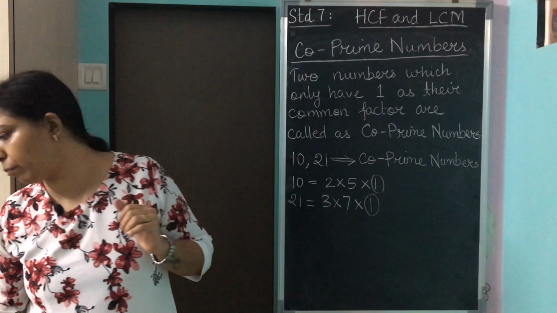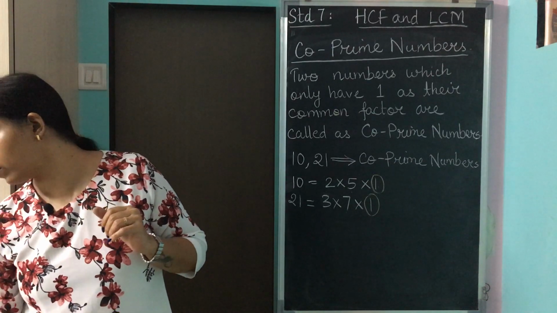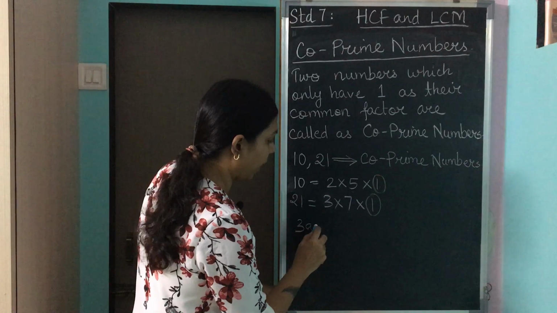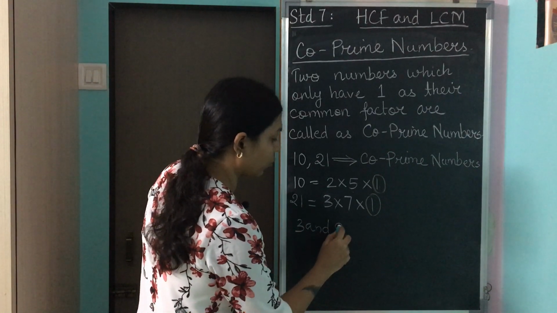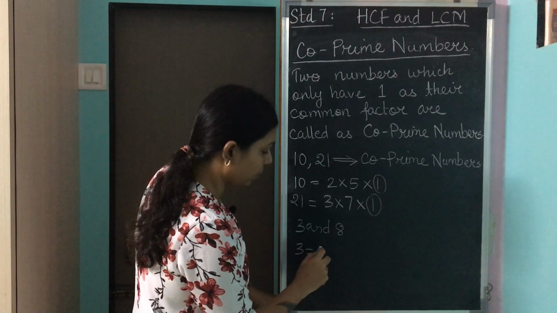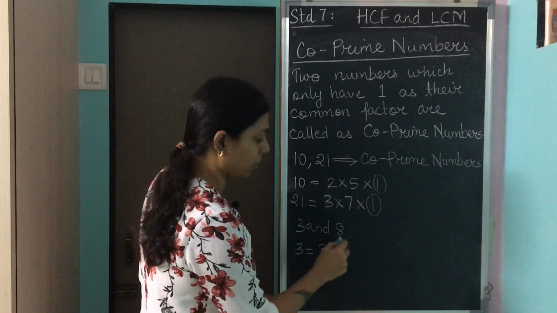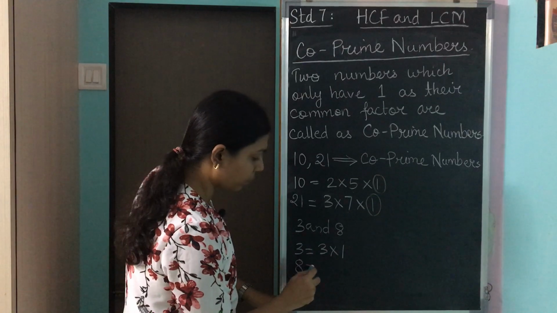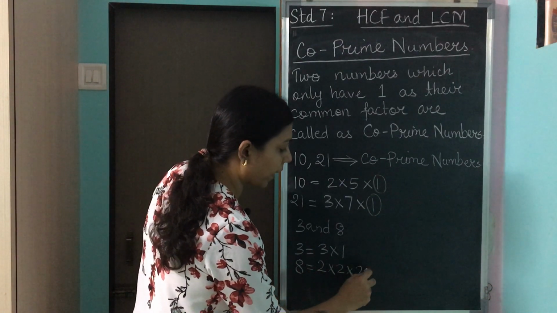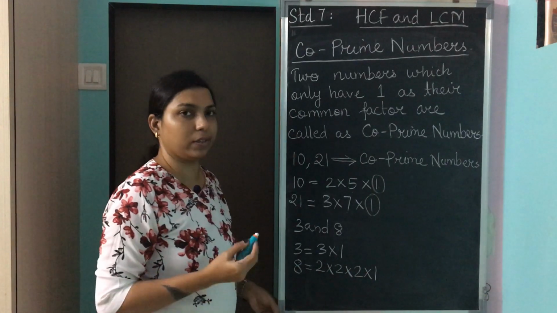I'll give you another example. The numbers 3 and 8. If I have to break down 3, it will be 3 into 1. The number 8 will be 2 2s are 4, 4 2s are 8, 8 multiplied by 1 is 8.